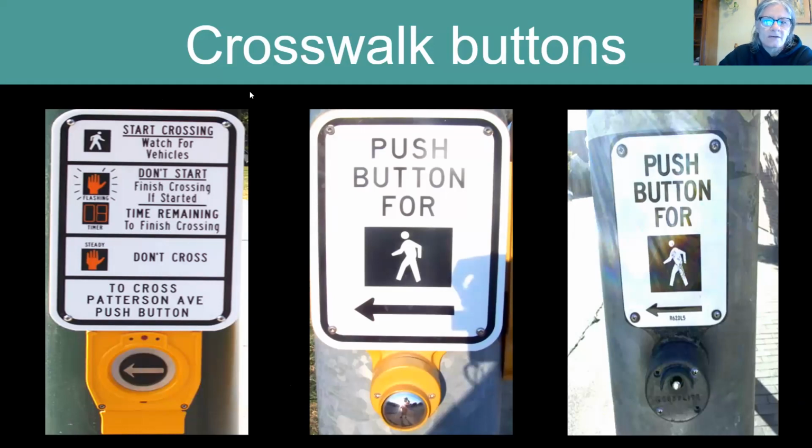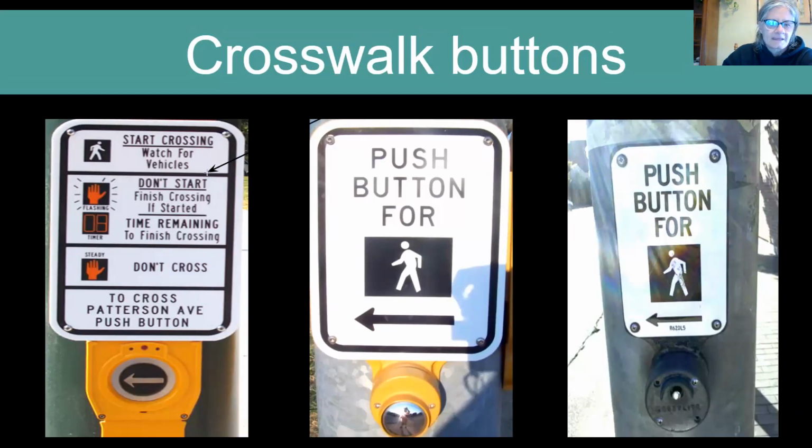So can I have a volunteer to read this sign right here? And then read this one, and then this one, and then this one. Start crossing, watch vehicles. Don't start.